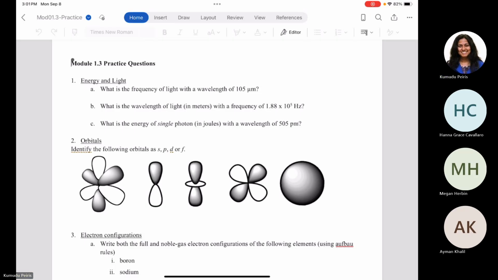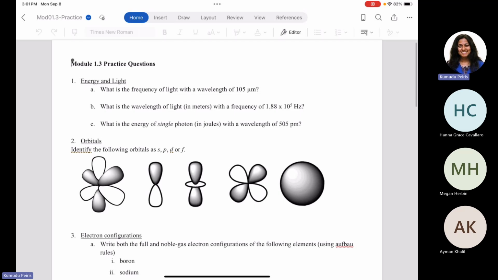The first question asks about the energy and light. What is the frequency of light with a wavelength of 105 micrometers?